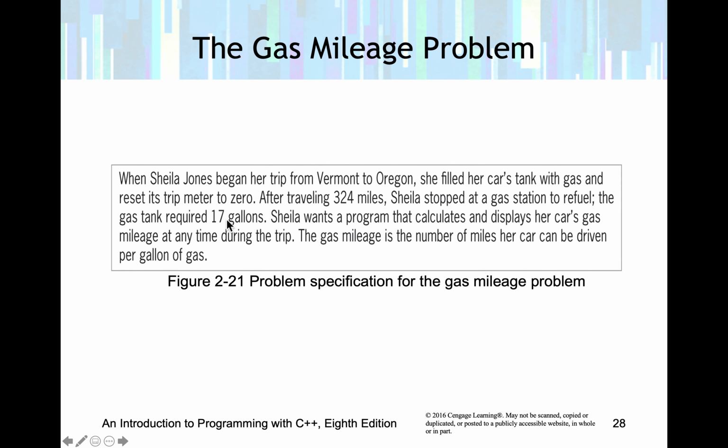So for 1 gallon, how many miles can she go? For 17 gallons, she could drive 324 miles. So for 1 gallon, how many miles can she drive? For 2 gallons, how many miles can she drive?